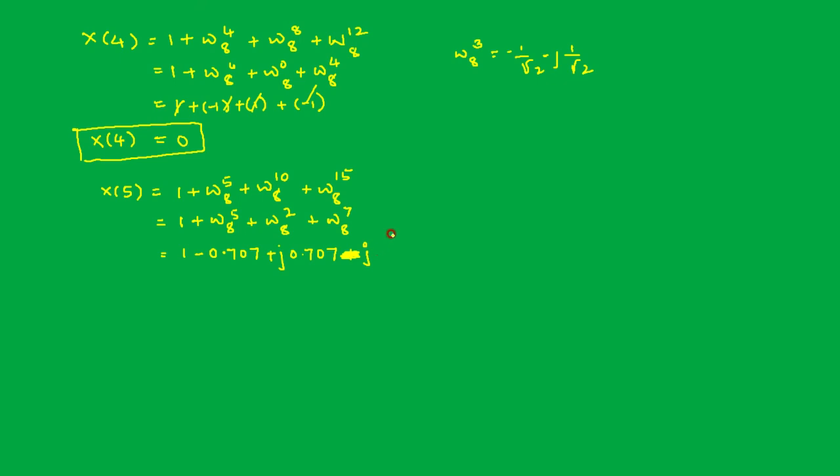Plus W8 raised to 7, which is the conjugate of W8 raised to 1, and W8 raised to 1 is how much? 1 by root 2 minus j 1 by root 2, its conjugate becomes plus j 1 divided by root 2, right? So I will write here plus 0.707 plus j 0.707, right? This one and this one will get cancelled.